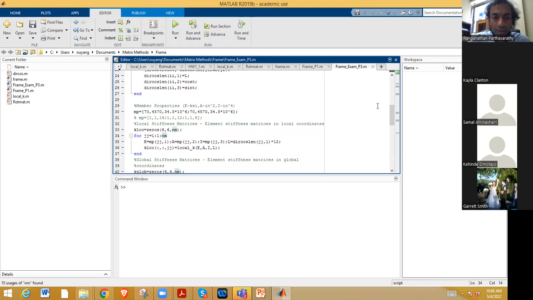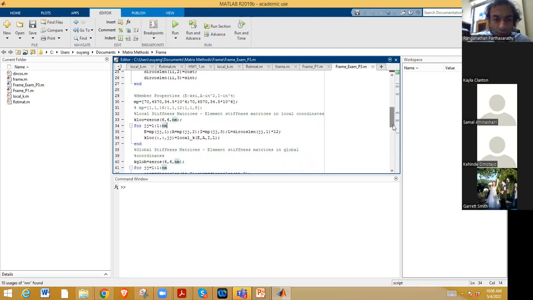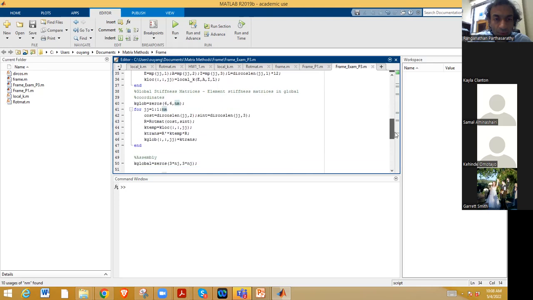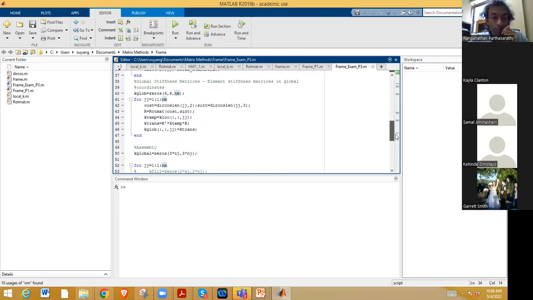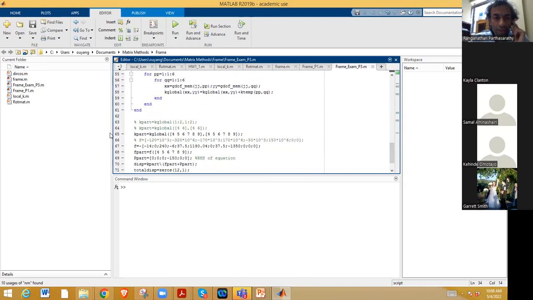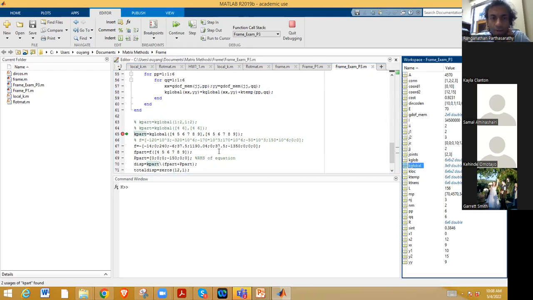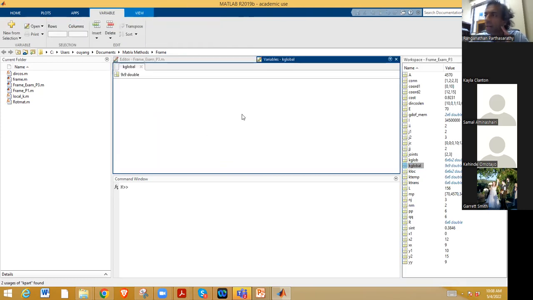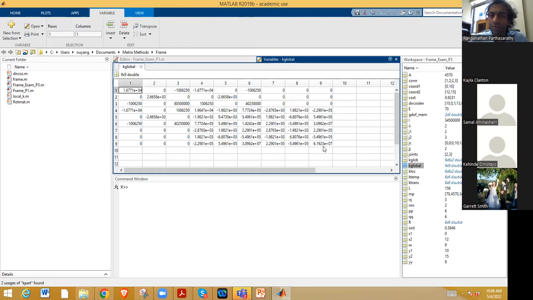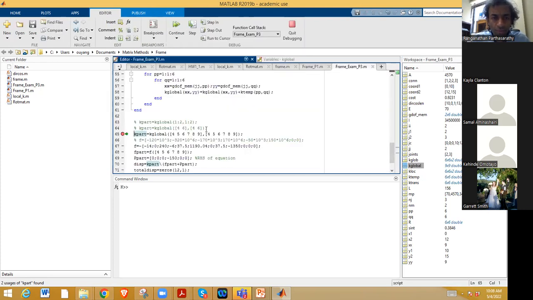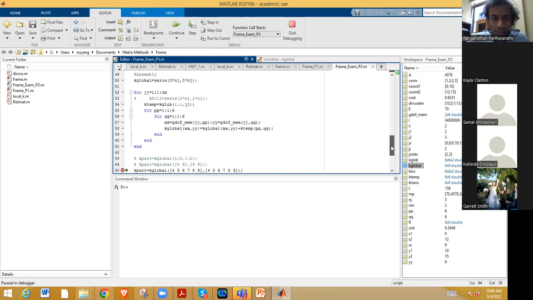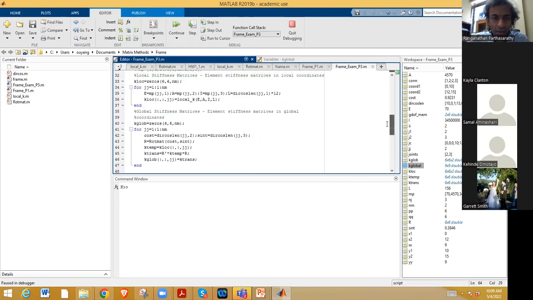So okay, this is fine. This is okay too. And I think should be okay as before, all the way up to the partition. So let's look at K global, and it should be 9 by 9. So that seems to be fine. Let's go ahead now. Oh, the length. We need to fix the length.